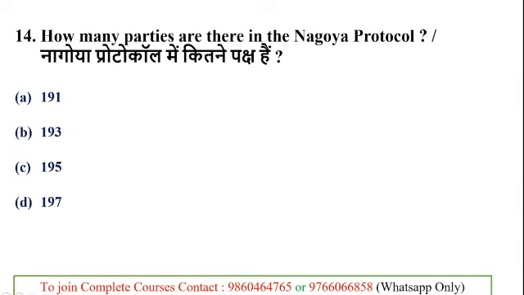Clear. Then the next one: how many parties are there in the Nagoya Protocol? How many countries are parties to the Nagoya Protocol? The answer is 193.